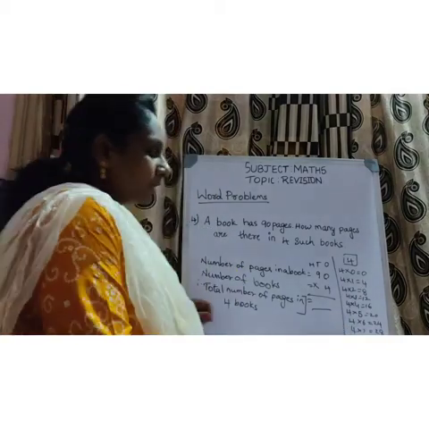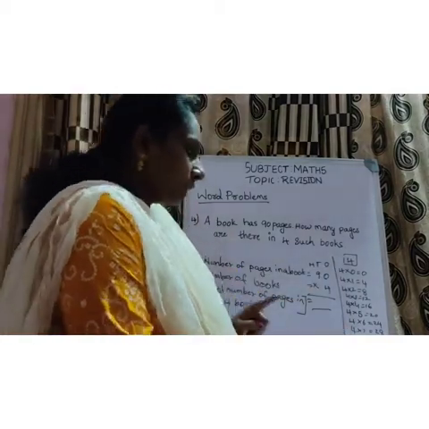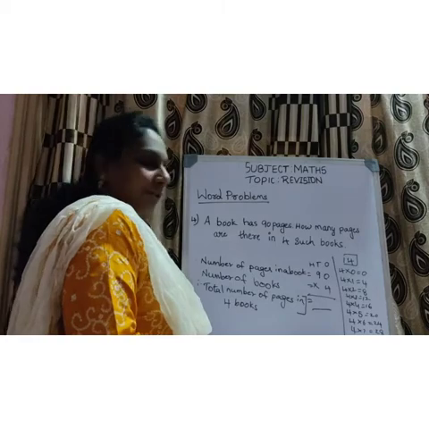Okay, so 4 nines are 36. From 0 to 9 I have written. So now we have to find the answer.